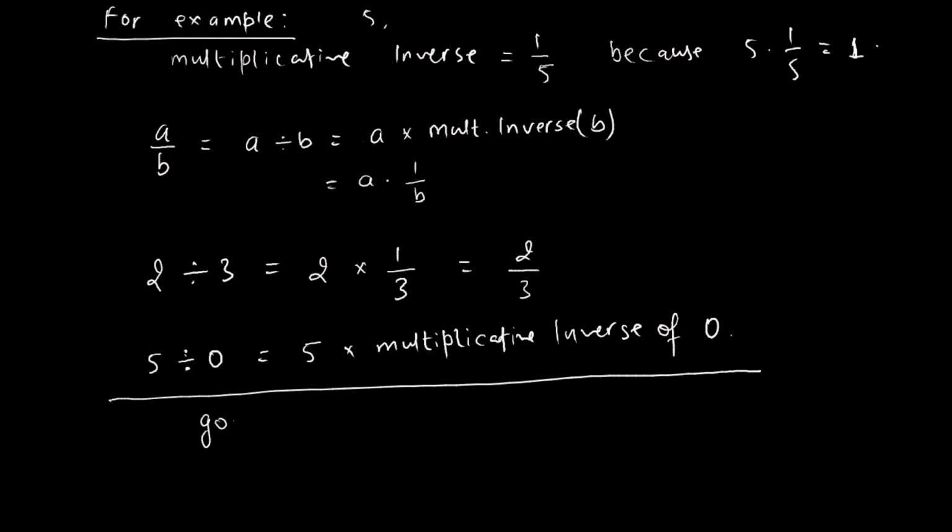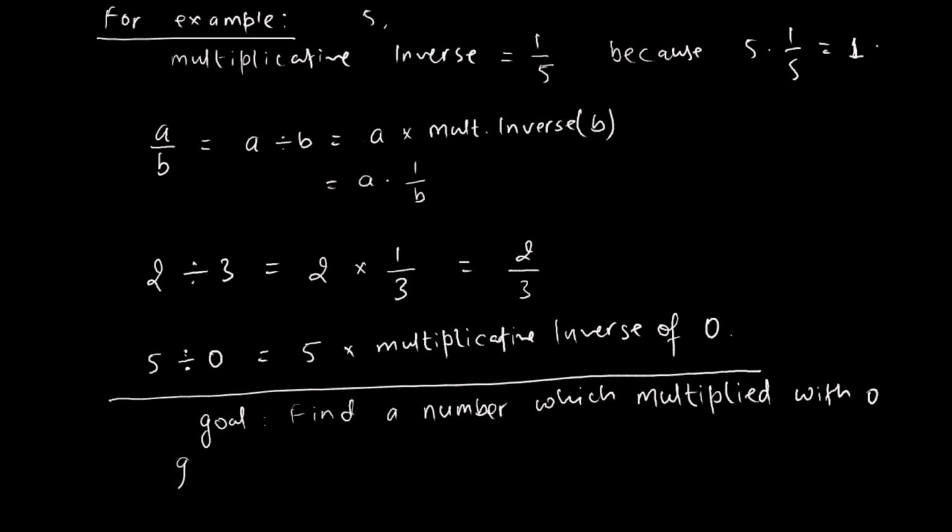Our goal is to find a number which multiplied with 0 gives 1 as a result.